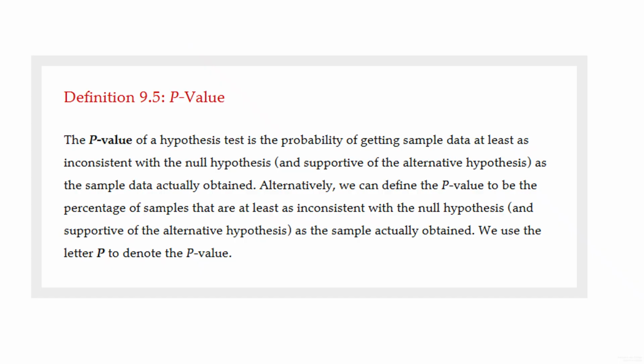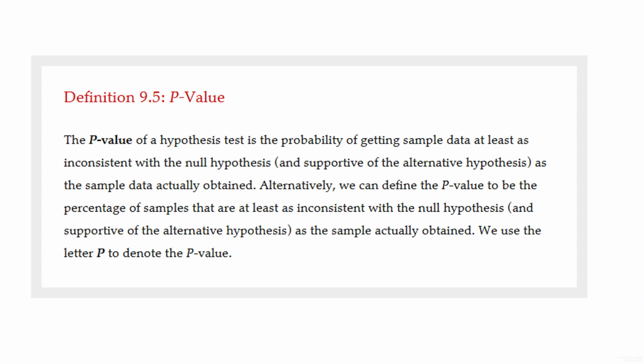The p-value of a hypothesis test is the probability of getting sample data at least as inconsistent with the null hypothesis, and so supportive of the alternative hypothesis, as the sample data actually obtained. Alternatively, we can define the p-value to be the percentage of samples that are at least as inconsistent with the null hypothesis and supportive of the alternative hypothesis as the sample actually obtained.